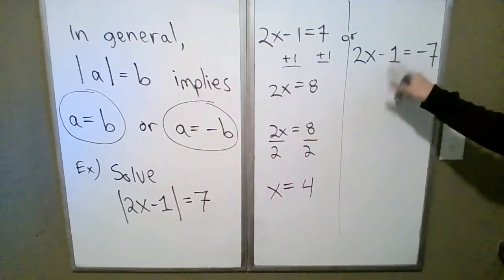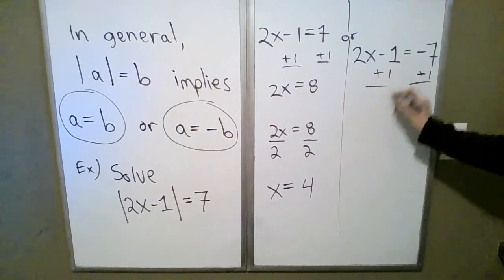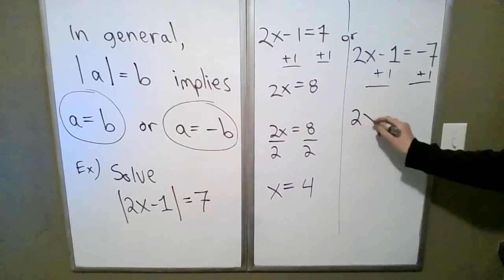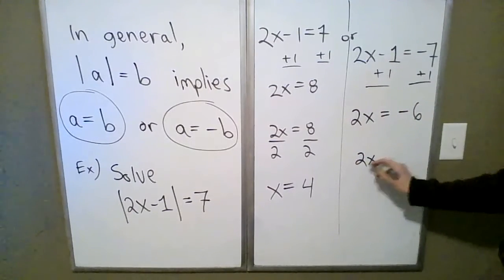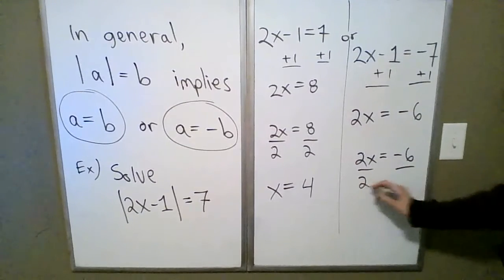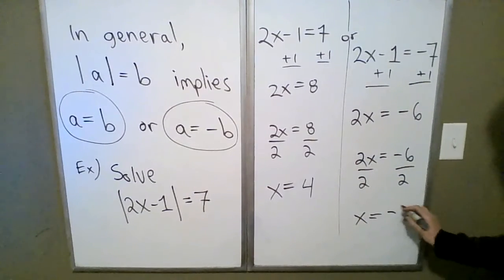Okay, over here, add 1 to both sides. 2x is equal to negative 6. We'll take that and divide both sides by 2. X is equal to negative 3.